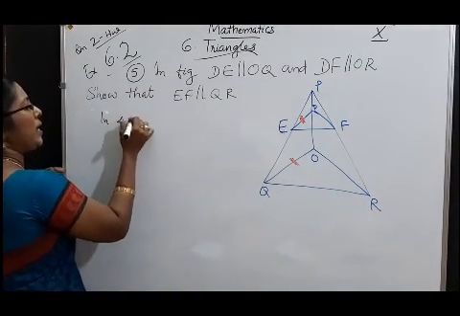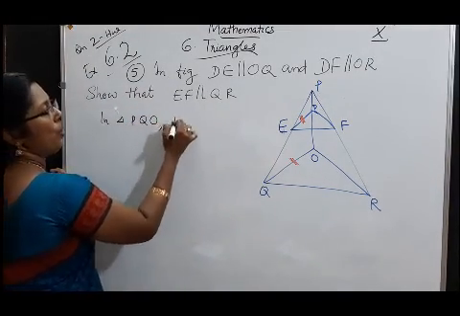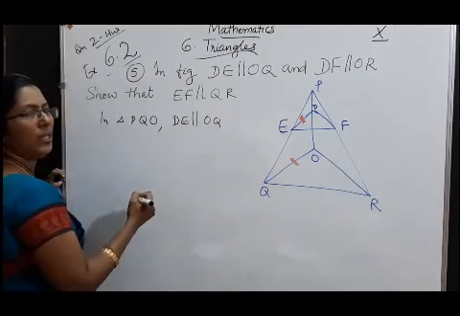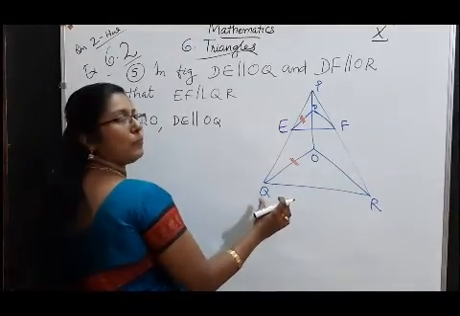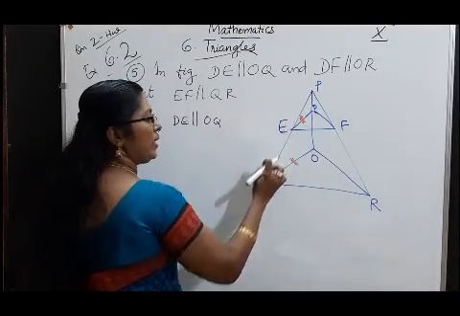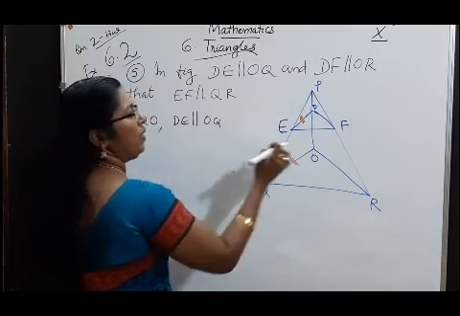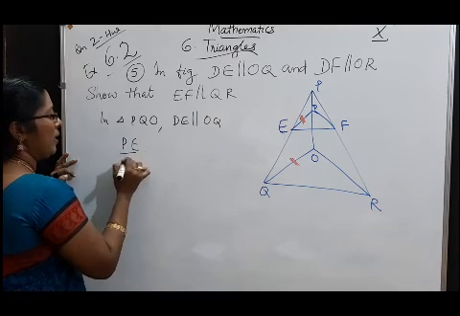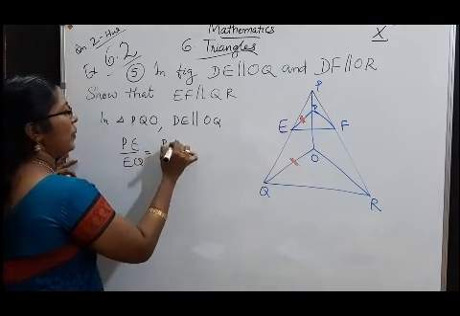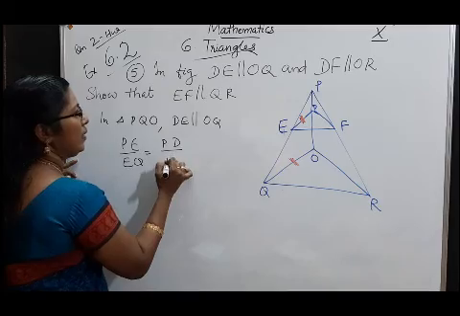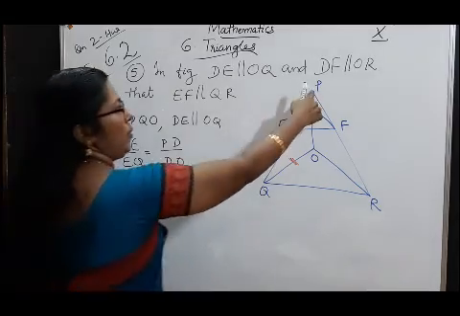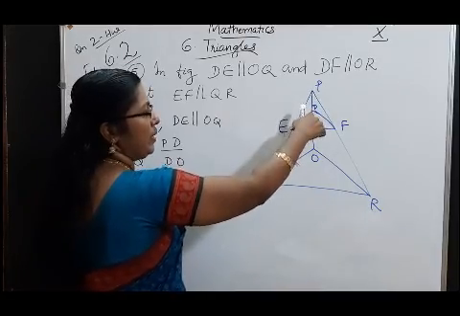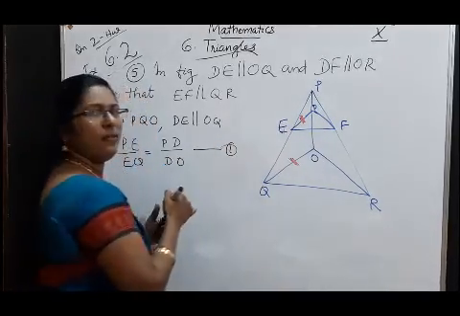In triangle PQO, DE is parallel to OQ. By using the basic proportionality theorem, PE by EQ equals PD by DO. This is equation number 1.